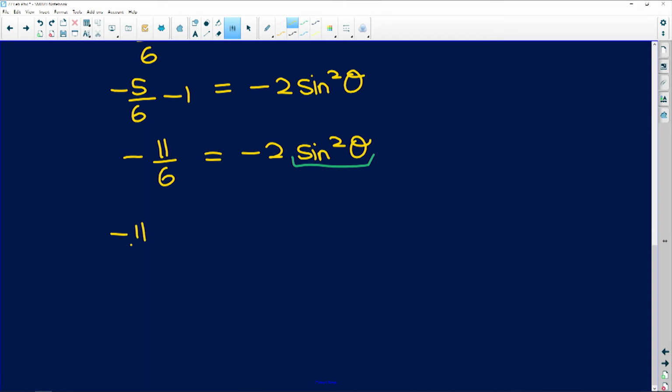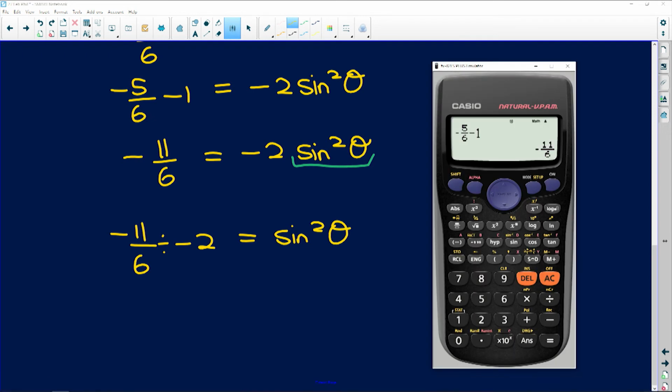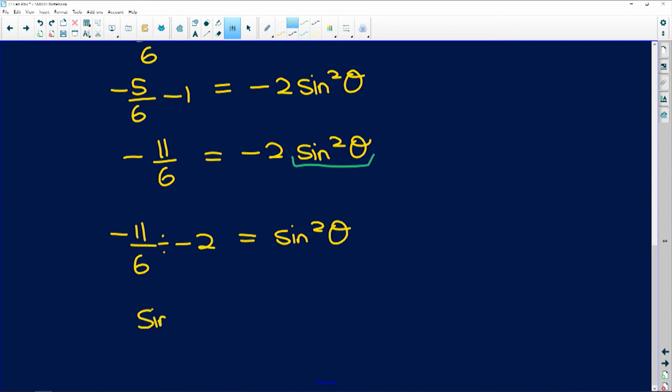So negative 11 over 6 divided by negative 2 is equal to sine squared of theta. Remember, we're not dividing by just 2, we're dividing by negative 2. Make sure you put in your signs. Simple stuff, you just divide by negative 2, which means that sine squared of theta is equal to 11 over 12, which makes sense, guys, because it is a square. It cannot be a negative number. It will always end up being positive.